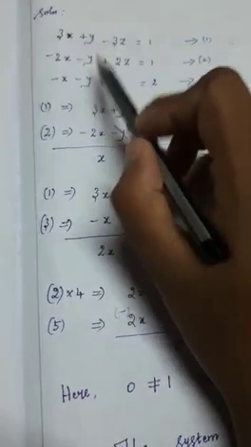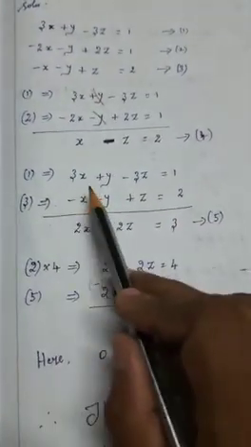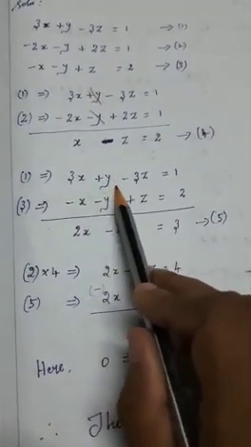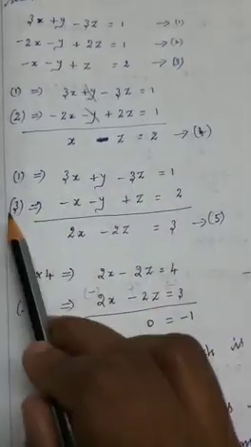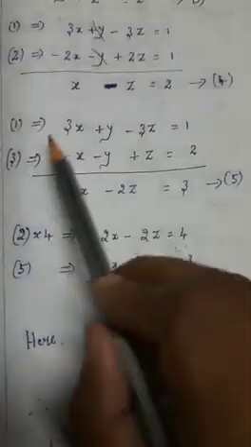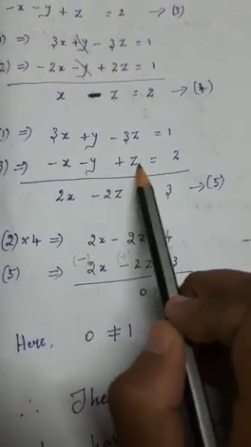So the first equation has no change: 3x plus y minus 3z is equal to 1, and the third equation: minus x minus y plus z is equal to 2.